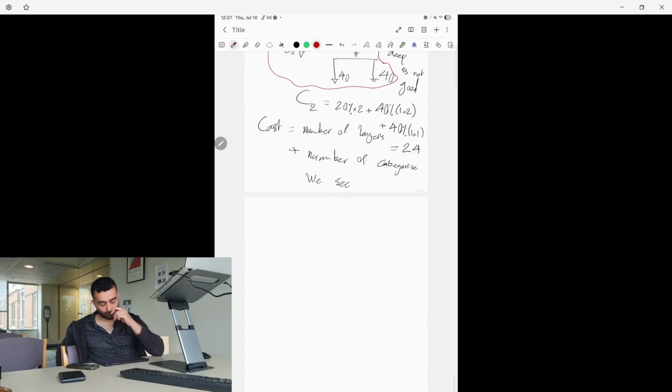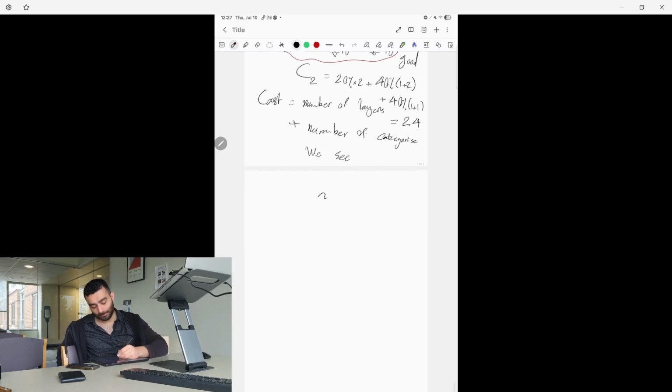So we have a tree. All right, let's say that's the situation. We have a query and we have a tree. And then each one of them has like a subtree.